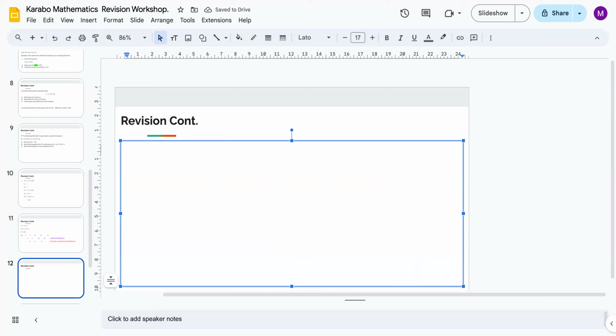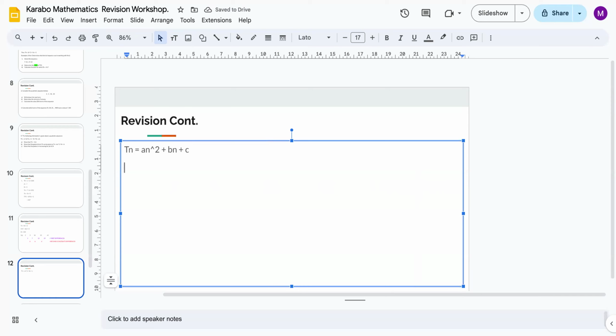So I know that the general term of a quadratic formula can be given as Tn is equal to An squared plus Bn plus C. All right. So we're trying to work out what our A value is, what our B value is, and what our C value is. All right.